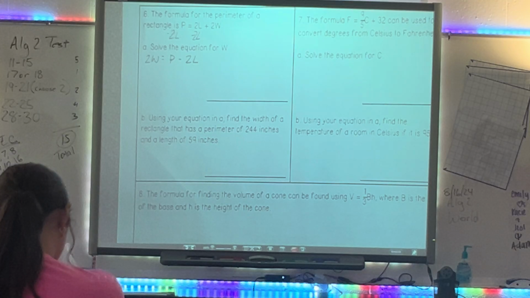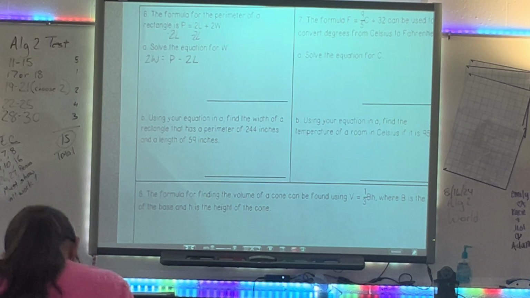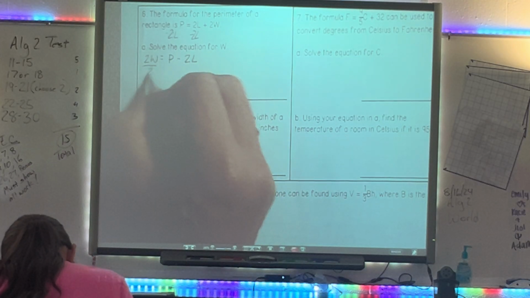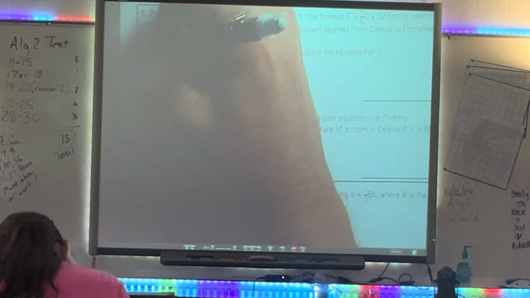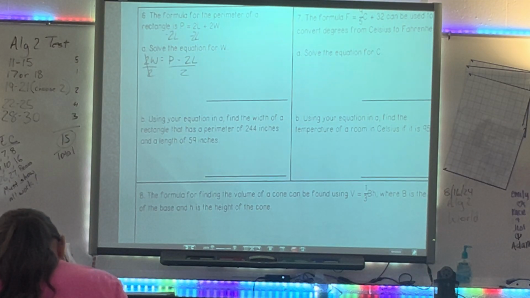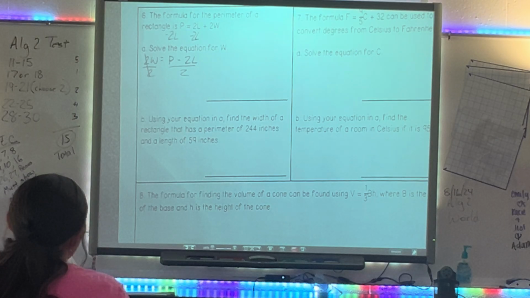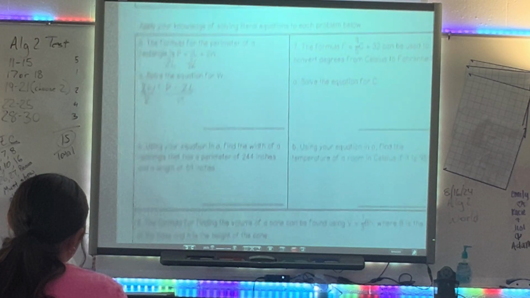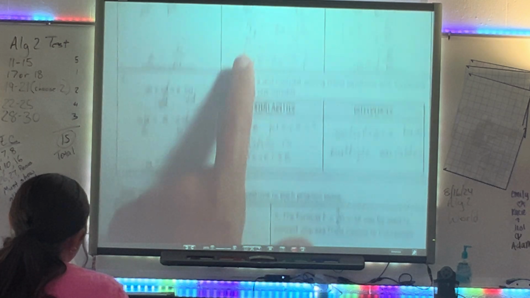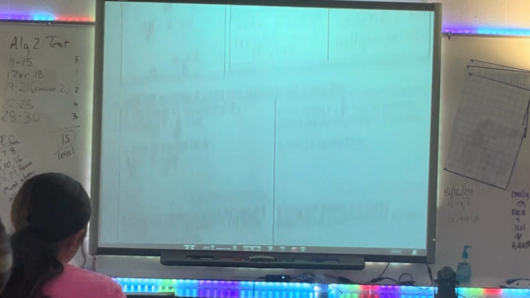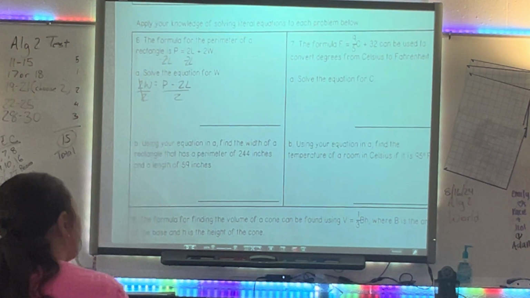So now what do I need to do? Okay, divide by 2 here, and then divide by 2 here. So this is what I have. W is equal to P minus 2L over 2. So just a while ago, we had this problem up here where we were able to divide out the 4, right? Am I able to do that here?